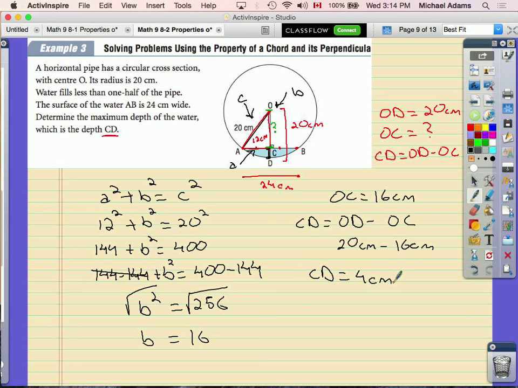So now we've answered the question. The depth of the water is 4 centimeters. Okay, and there we go. So hopefully that will help us to do some problem solving using chords of circles.